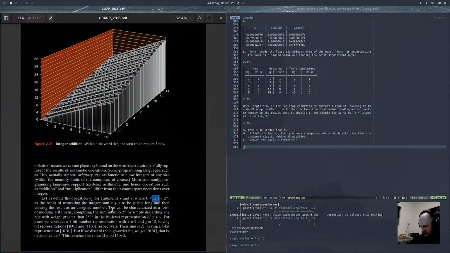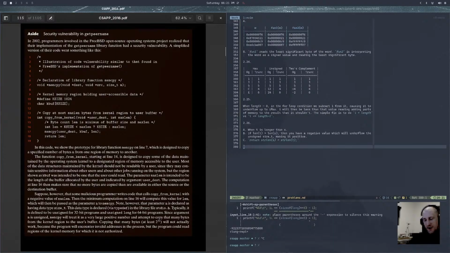In the bit level representation of x plus y, for example, consider a 4-bit number representation with x is equal to 9, y is equal to 12, having bit representations 1001 and 1100 respectively. Their sum is 21, having 5-bit representation. But if we discard the high order bit, we get 0101, that is a decimal 5. This matches the value 21 mod 16, which is equal to 5. Makes sense. You just wrap around.